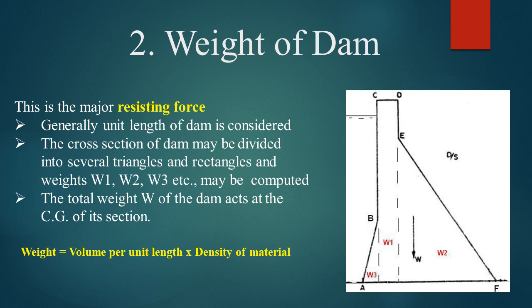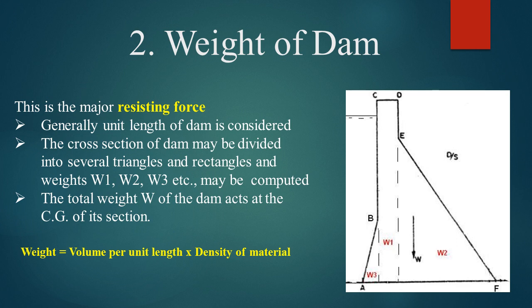Suppose this is a schematic diagram of a gravity dam. When we calculate the weight of the dam, we have to create these segments. This triangular part, the weight of this part, is considered to be W2.